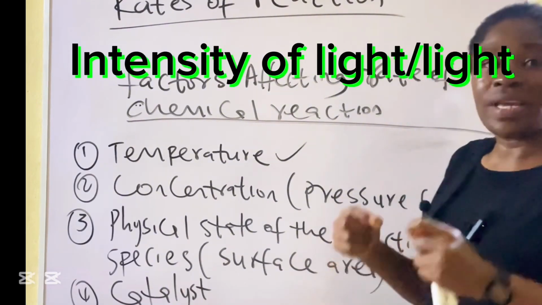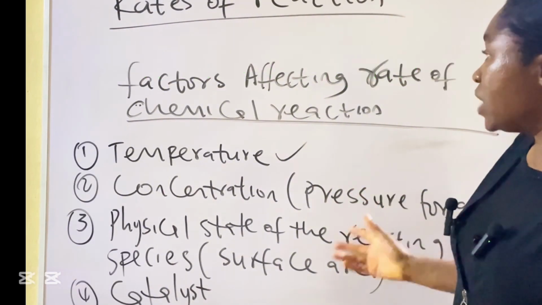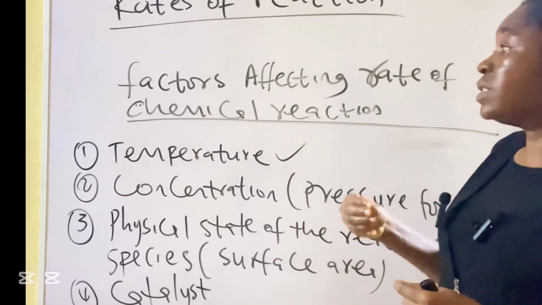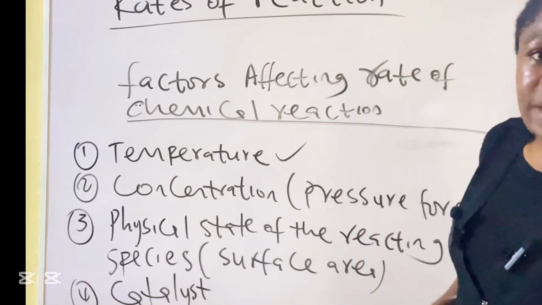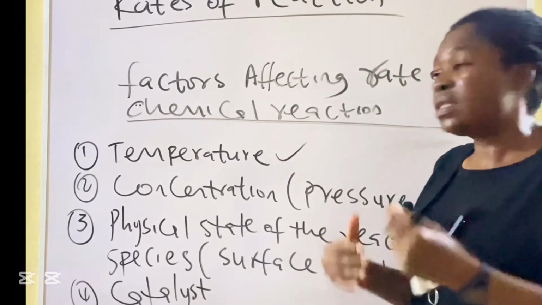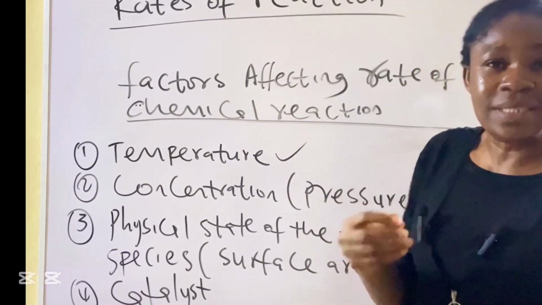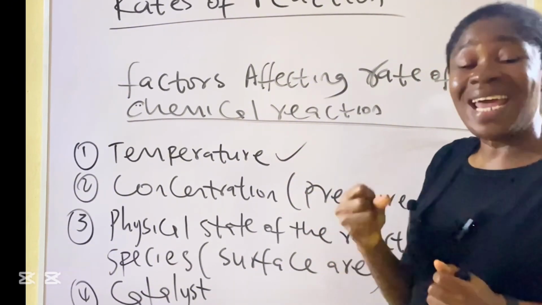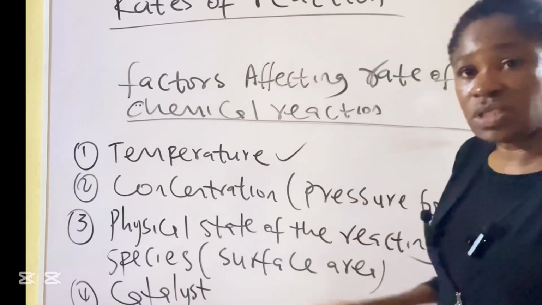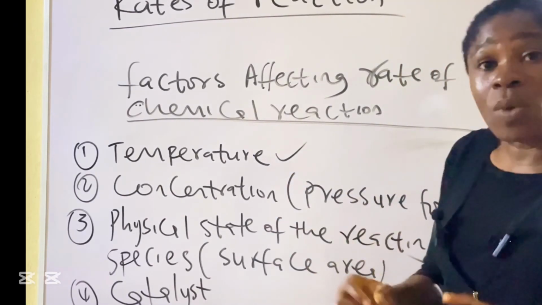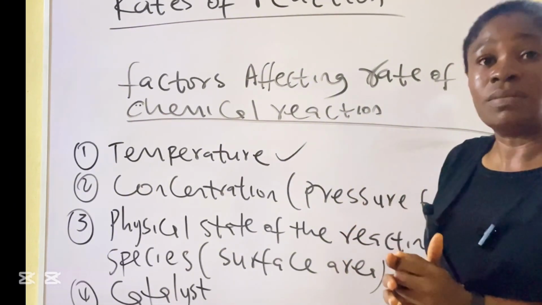How does temperature increase the rate of chemical reaction? So increase in temperature leads to increase in the rate of chemical reaction. Decrease in temperature also leads to decrease in the rate of chemical reaction. What happens when you supply energy in the form of heat to a reaction system? It simply means that those reacting particles will acquire kinetic energy.